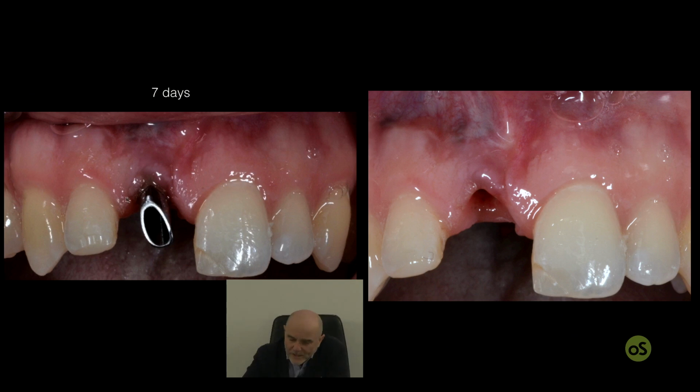But in only 1 week's time, you can see that there is already a great change. The first change you have to notice is the keratinized tissue apical to the abutment. Since there is no interference of the temporary crown that is left short, there is the tendency of the soft tissue to creep, which means to coronally cover part of this abutment.